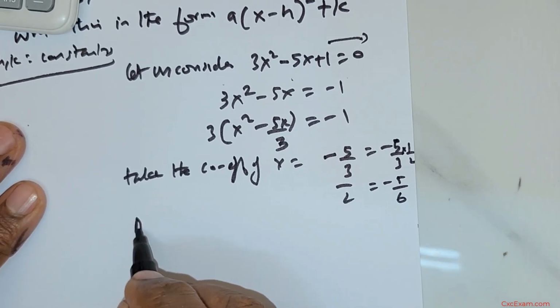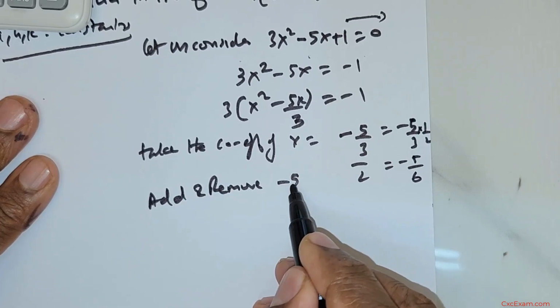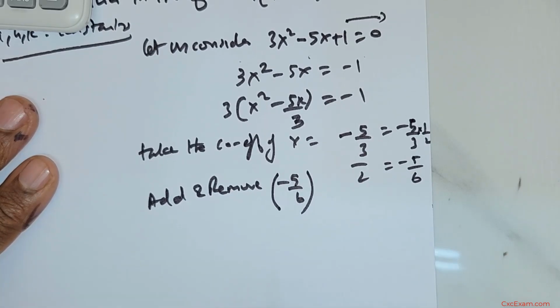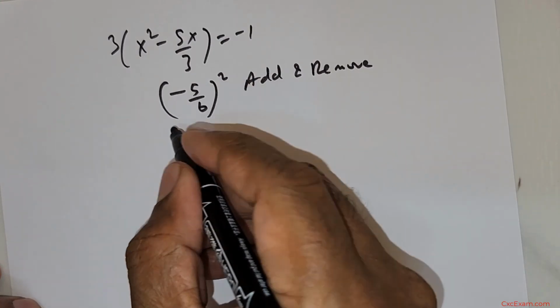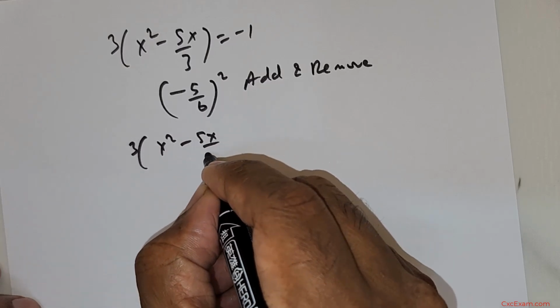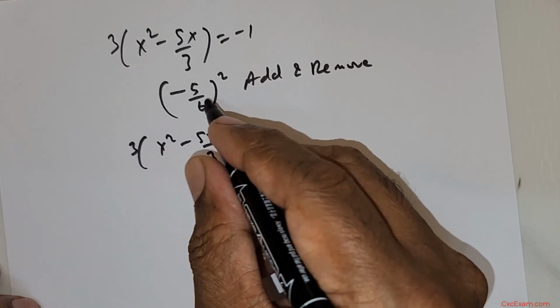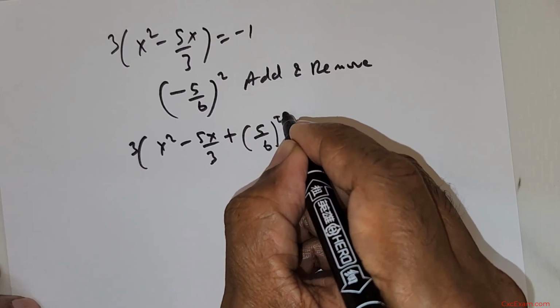And what you do is you add and remove negative 5 over 6 squared. So adding and removing negative 5 over 6 whole squared, we can rewrite this as 3 of x squared negative 5x over 3 positive 5 over 6 the whole squared.